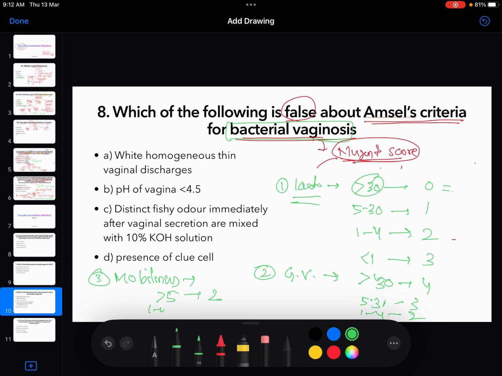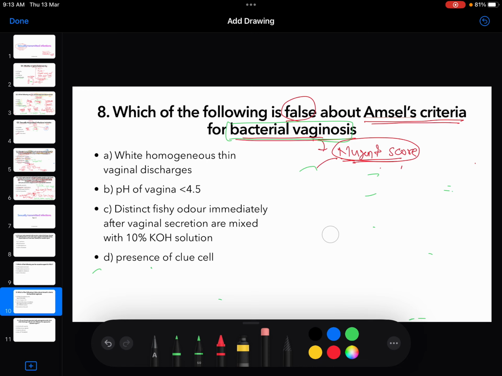If 1 to 4, then the score is 1, and less than 1, that is 0. By adding all the scores for each individual bacteria, we finally get the final Nugent score.